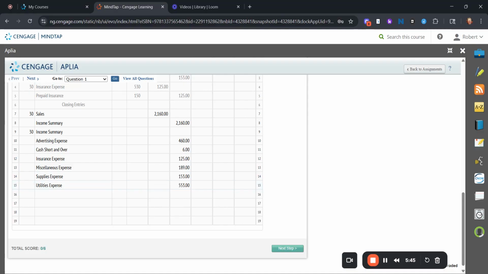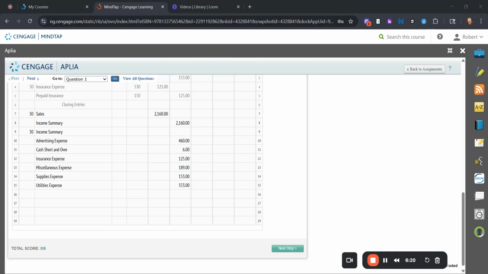Okay, so those are our expenses. So now what we can do with those is add all those up. So 460 plus 6 plus 125 plus 189 plus 153 plus 550. I guess I have a typo there, 553.